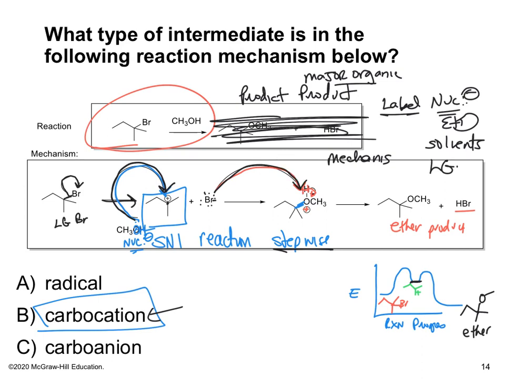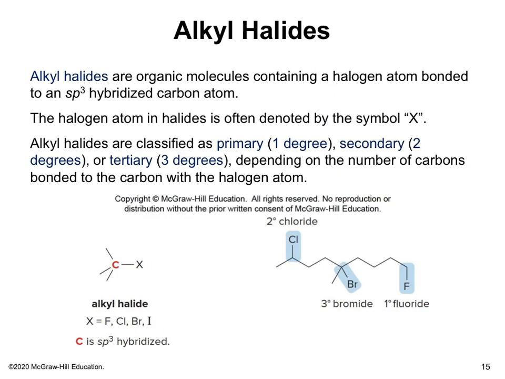And you need to be able to determine what the mechanism is. And this mechanism is SN1. Okay, so what types of substrates, functional groups, undergo nucleophilic substitution?